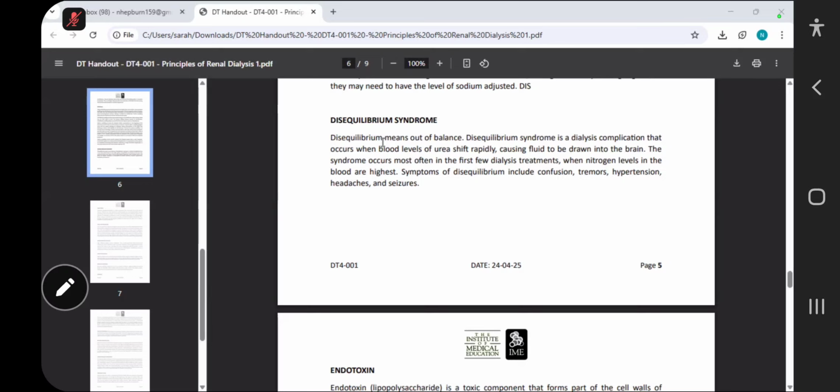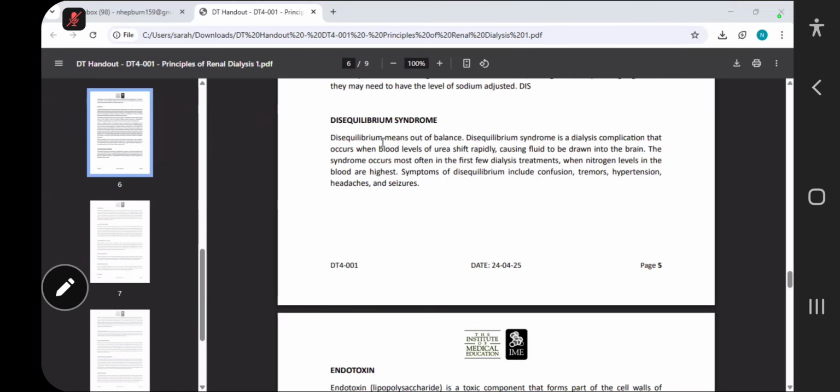Symptoms of disequilibrium include confusion, tremors, hypotension, headaches, and seizures. Yes, it most often happens in the first few dialysis treatments, but it happens in patients that have been dialyzing a while too, and if they haven't been dialyzing properly, right?